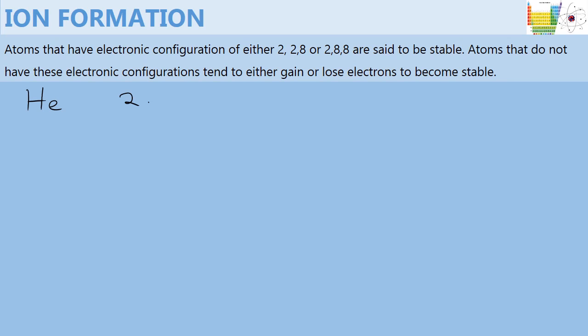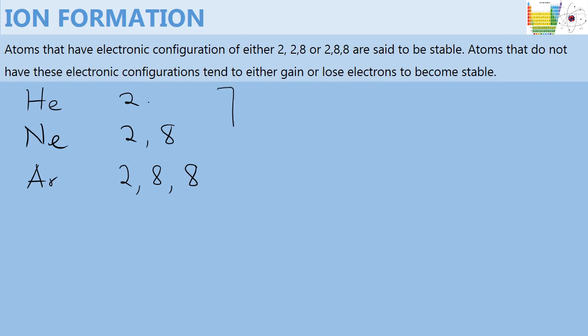Do you remember the atom with a configuration of 2, 8? Yes, it is neon, which is 2, 8. And finally, the one with 2, 8, 8 is argon, which is 2, 8, 8.